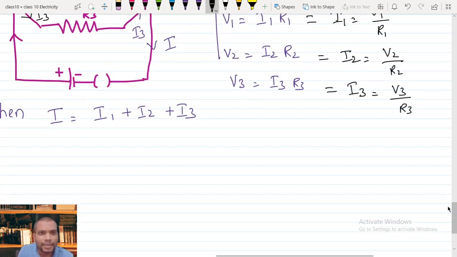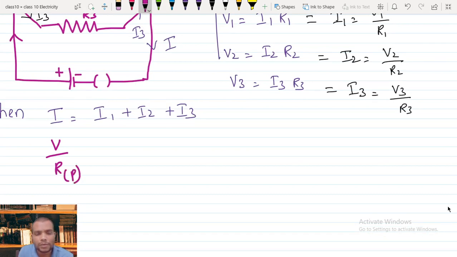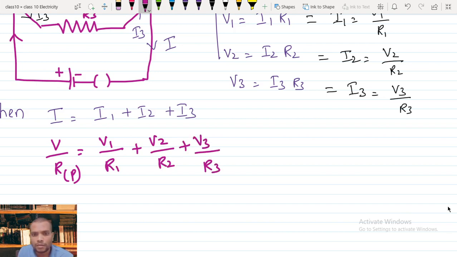In the place of I, I can put V by R. So this we can call Rp, parallel, which equals V1 upon R1 plus V2 upon R2 plus V3 upon R3.